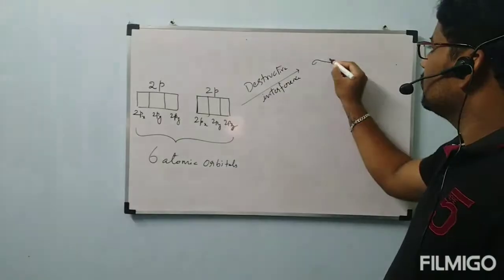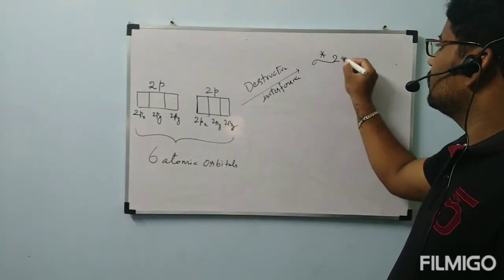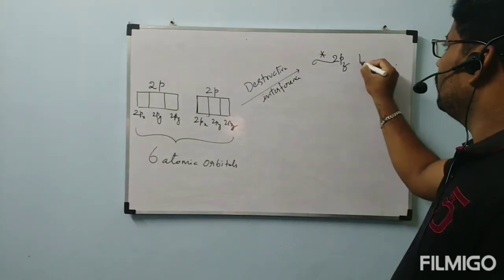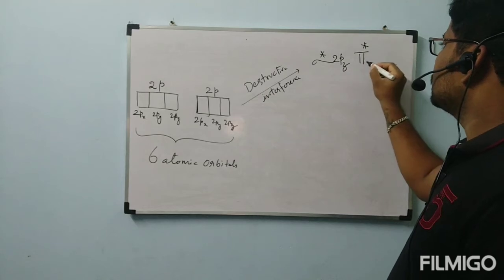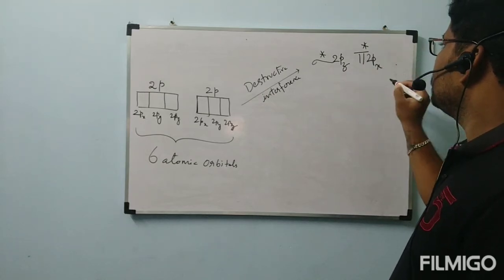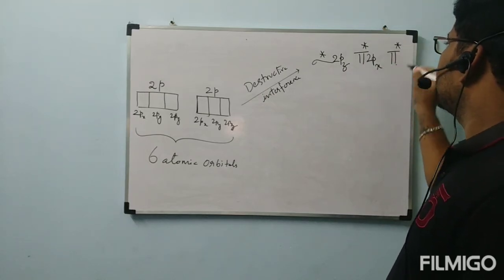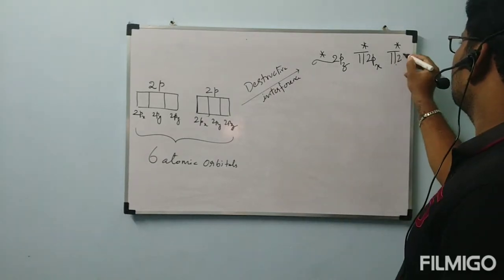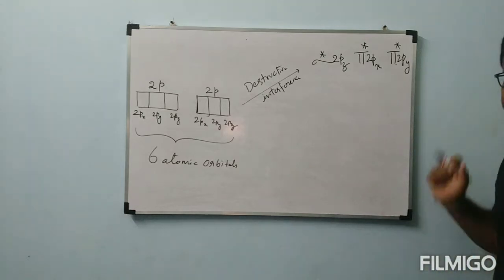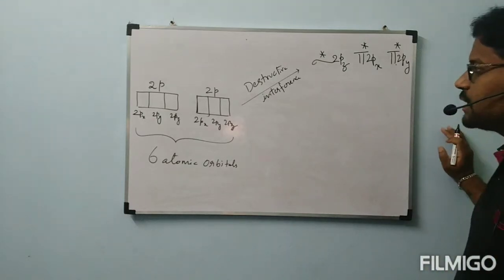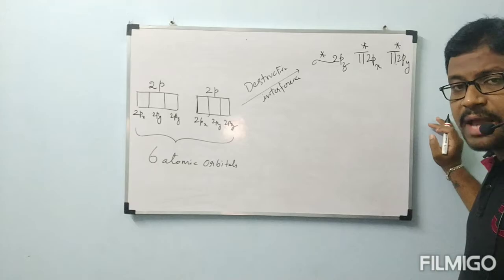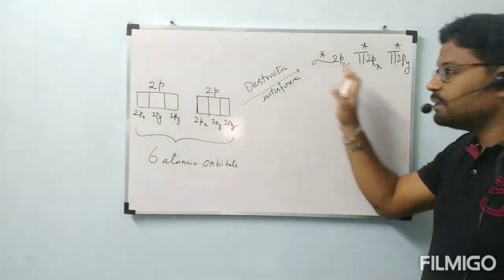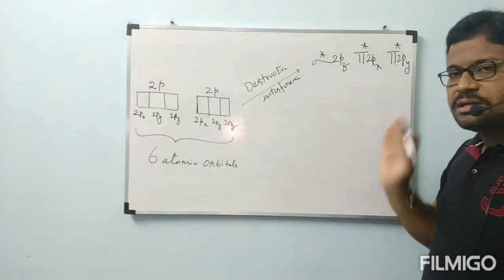Those are sigma star 2pz, pi star 2px, pi star 2py. What are the 3 anti-bonding molecular orbitals? Anti-bonding molecular orbitals must be represented with a star: sigma star 2pz, pi star 2px, pi star 2py.